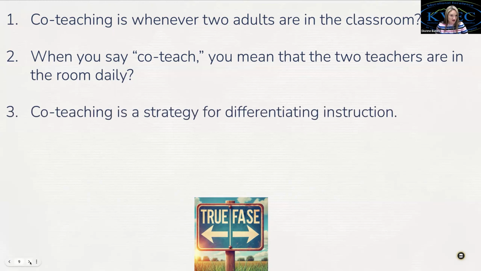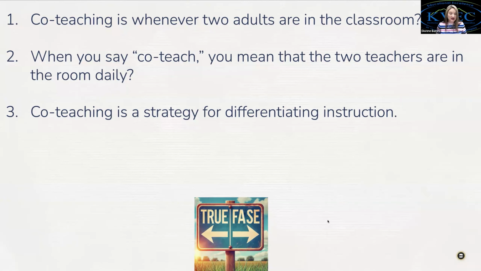All right. Number three, you guys are doing good. We've got 100% so far. Co-teaching is a strategy you can use for differentiating instruction. Could you use co-teaching as a strategy? Good job.